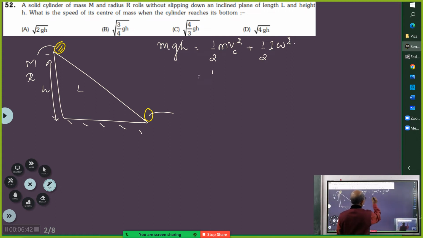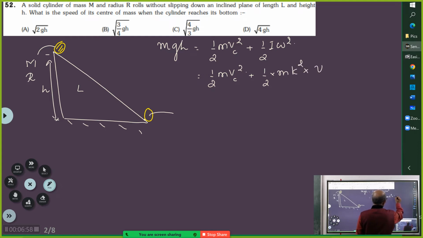Write it in terms of the gyration equations, because they are asking the speed of the center of mass, so we want Vc square. We will retain that and write the rotational part as m k square into Vc square by R square, with capital R as the radius. So this is all equal to mgh.